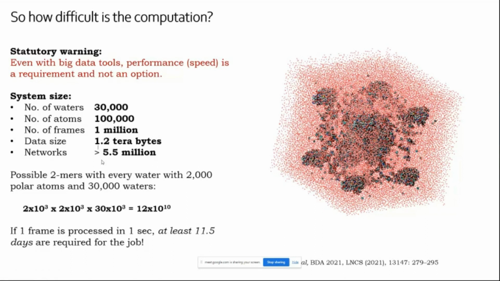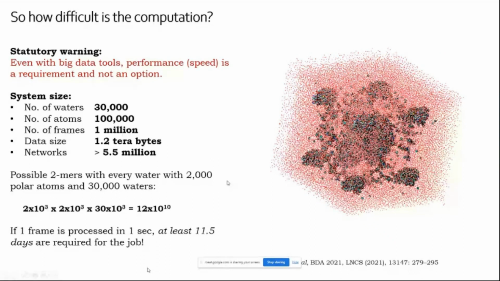And the number of networks that you'll come across is something that you cannot estimate. It is not known. We'll know only through analyzing the data. We have seen at least 5.5 million different networks. And then from them, we have to filter out the ones that are significant. So this is not a simple problem at all.